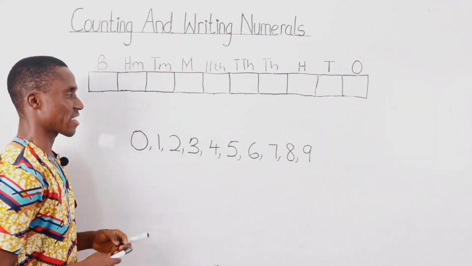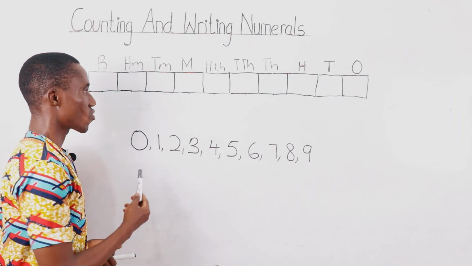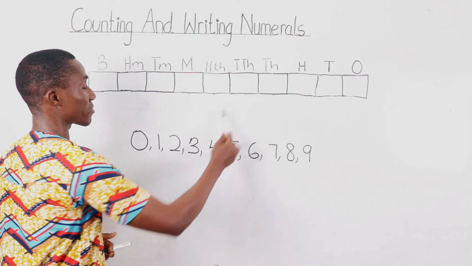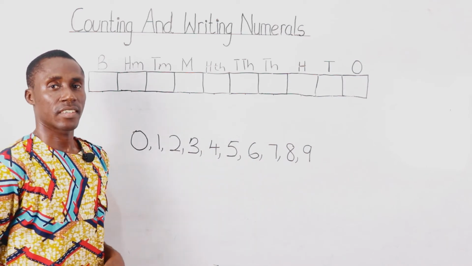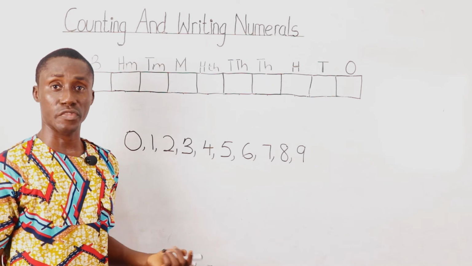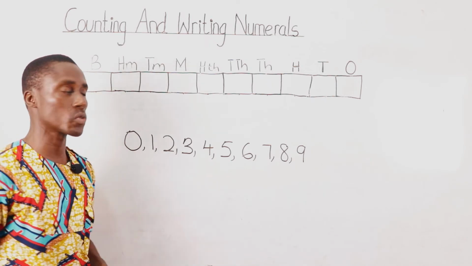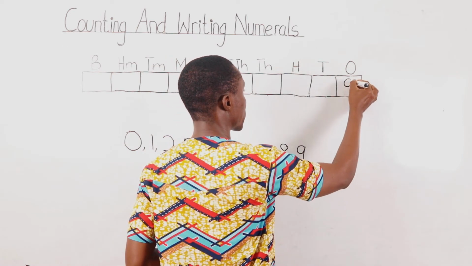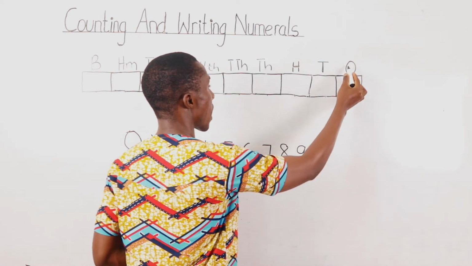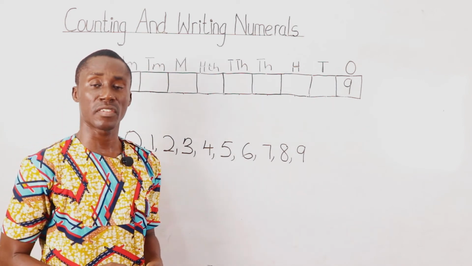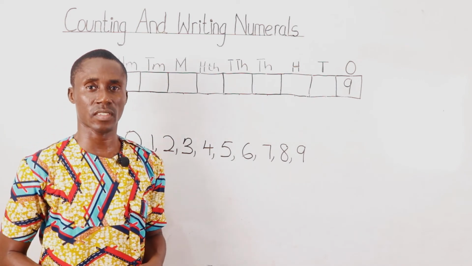Now we realize that wherever we have a digit in any of the number places tells us what that digit is standing for. For example, if we find the digit 9 in the ones number place, it means we have 9 ones.